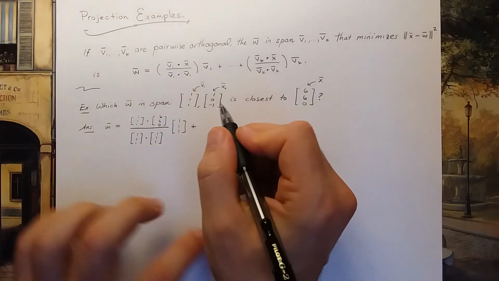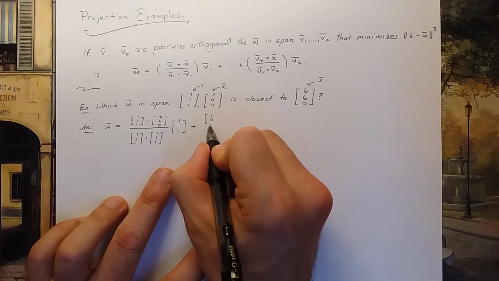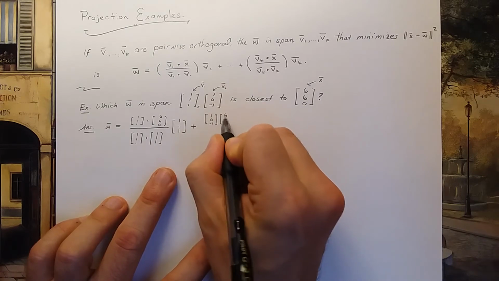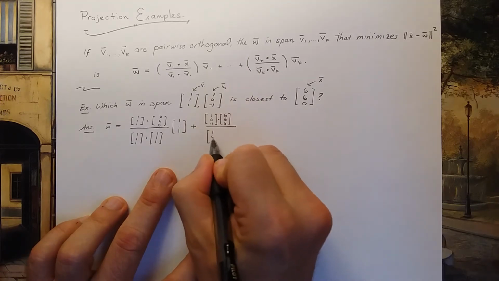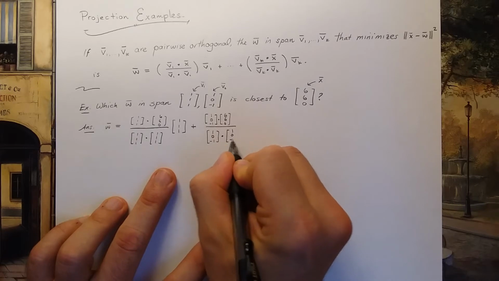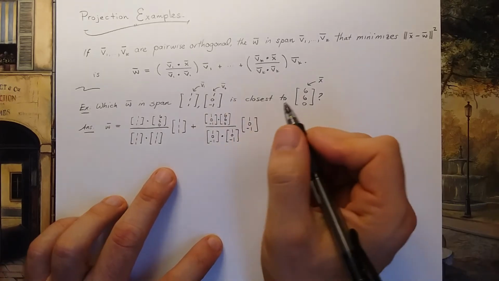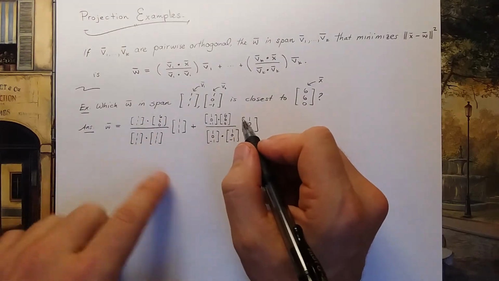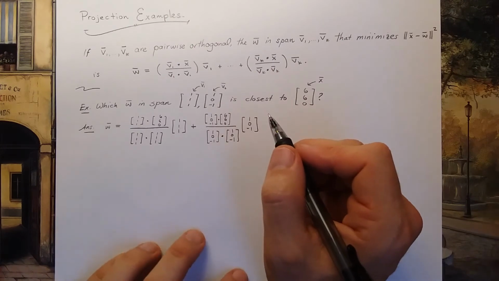And then I'm going to add the dot product of 1, 0, negative 1 with 6, 6, 0, divided by the dot product of 1, 0, negative 1 with itself. And that will be times 1, 0, negative 1. Then you could just do the dot product calculations. You could explicitly do the work.